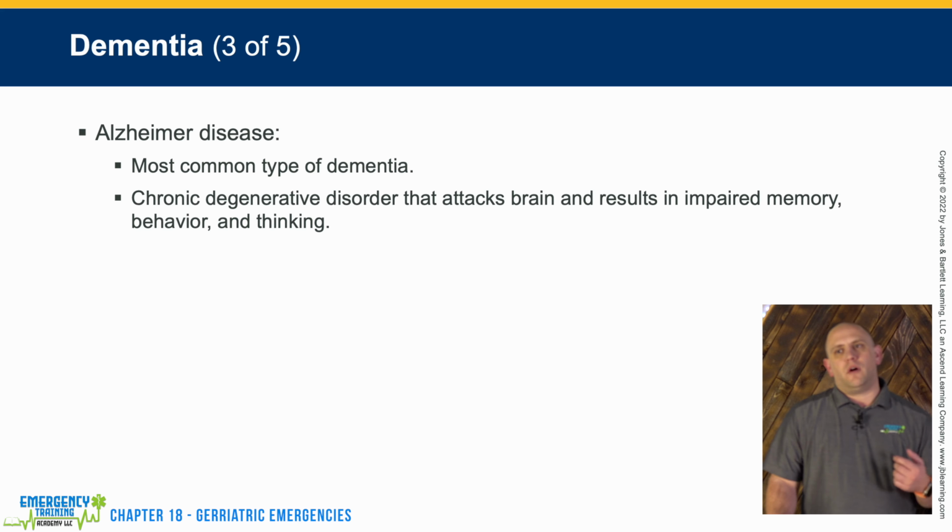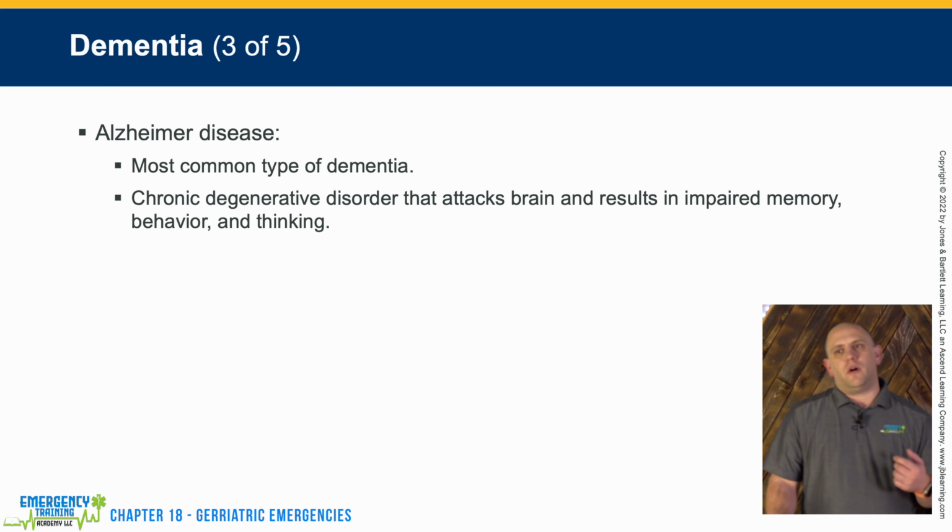And we will often see with these patients as well that they start to wander around at night. It increases their risk of falls and increases a risk that as they may wander around and get outside, become confused, we could see a risk of hypothermia as well with these patients. As Alzheimer's disease progresses, it will enter a terminal stage. These patients will be unable to walk or control their bowels.